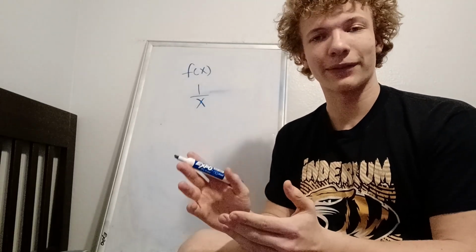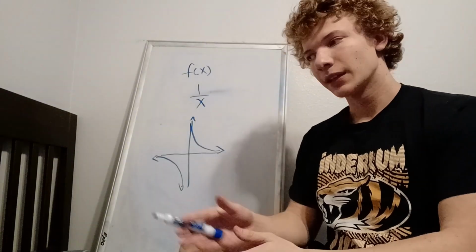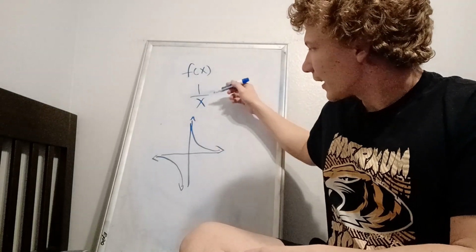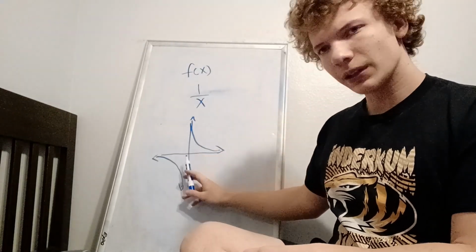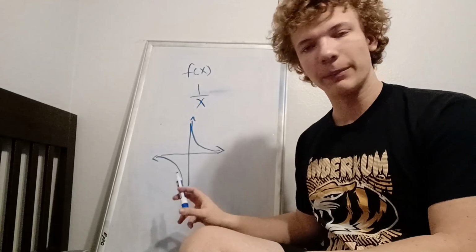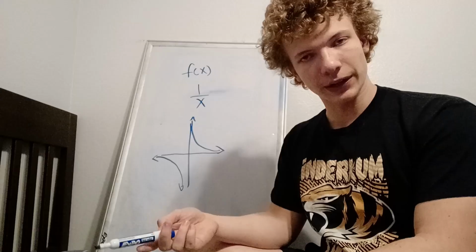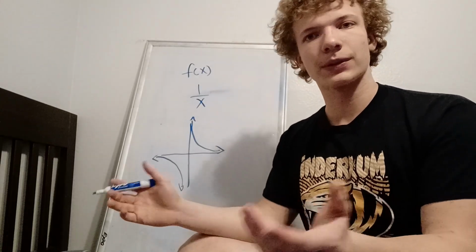Well, let's look at the graph of 1 over x. Based on this crude graph, we can see that as x is really, really close to 0, when it's a really small number on the positive side, it gets bigger and bigger and bigger, and it seems like it would approach infinity, right? So maybe 1 over 0 is infinity.